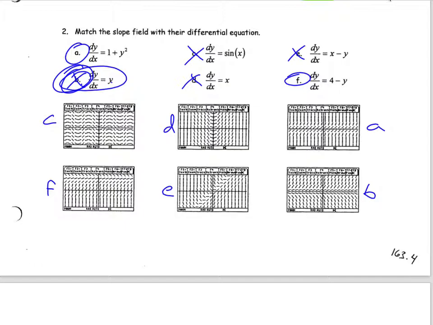Also, what Brady said was that on A, I have 1 plus y squared, so I know my slopes always have to be positive, and that's another way to help. So you want to look for positive and negative slopes, and find zero slopes as well. They help you differentiate between slope fields.